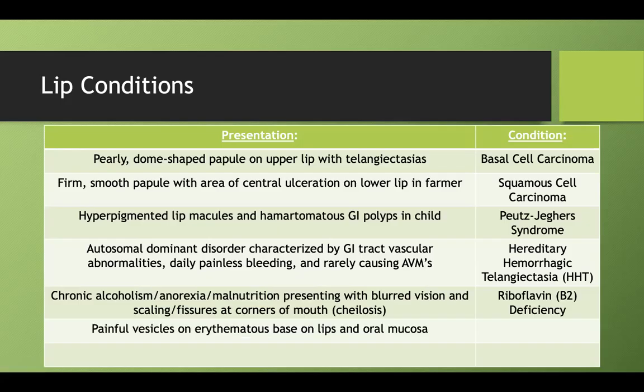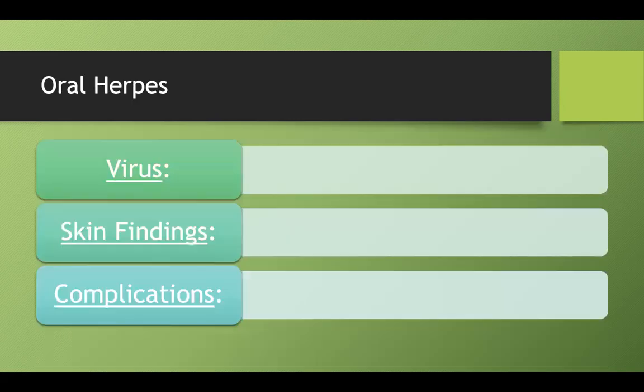Now, what's the classic disease that presents with painful vesicles on an erythematous base in the lips and the oral mucosa, also known as that classic dewdrops on a rose pattern? That is HSV infection, specifically HSV1. So for the mouth, you want to think of HSV1, and for genital herpes, you want to think of HSV2.